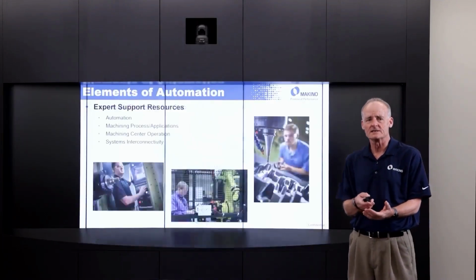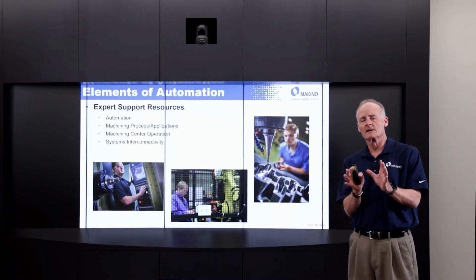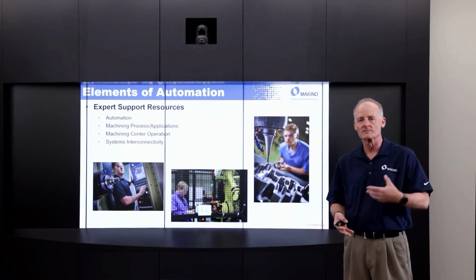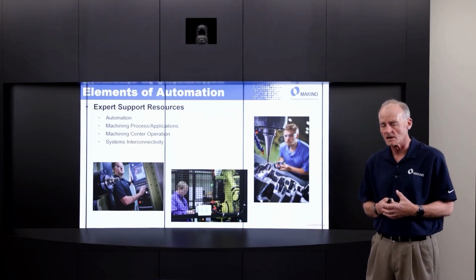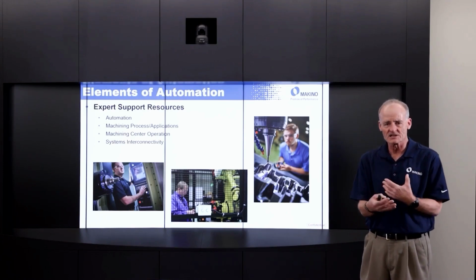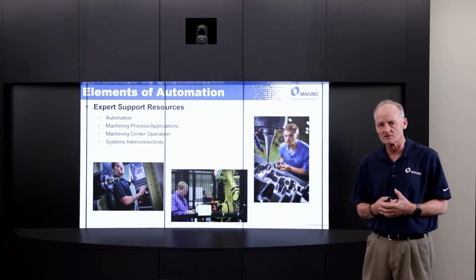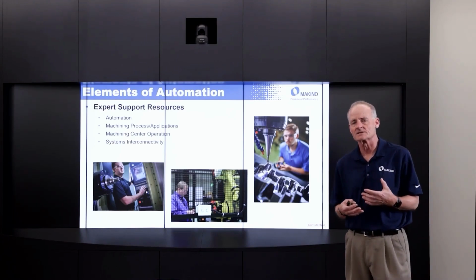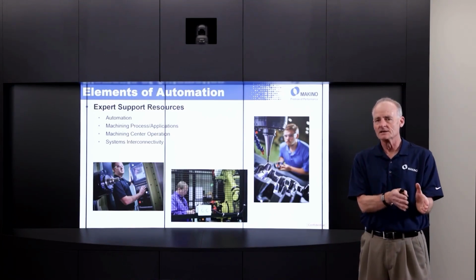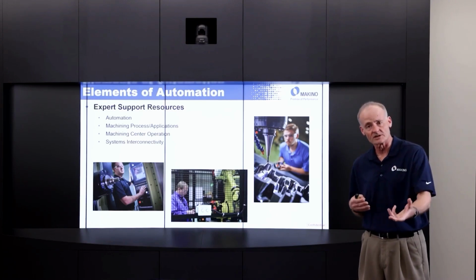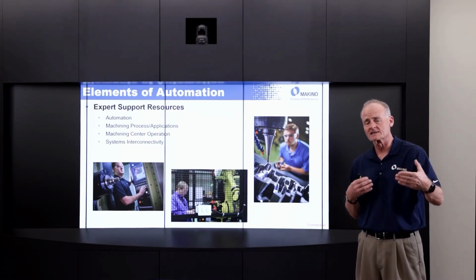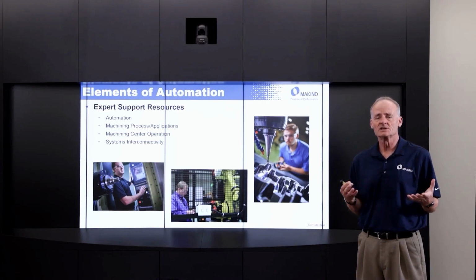So finally, the last one: expert support resources. What we're talking about is that you need several different disciplines to make a successful automation system, to implement a successful machine tending automation. Obviously the first one is automation. You've got to have the experts, the people who are knowledgeable about how to set up machine tending automation. But remember, you also need those process application engineers to work with in order to get the fixture and the machining process set up properly to work nicely with your automation and the machining center operation.